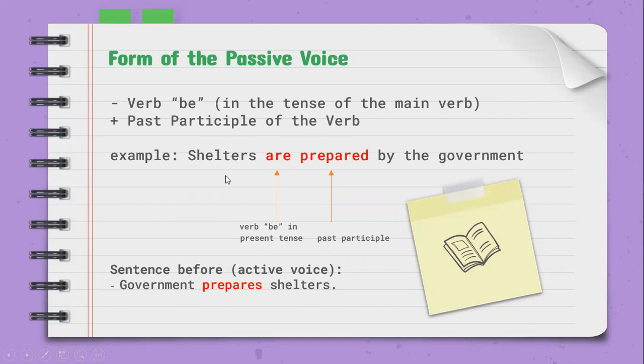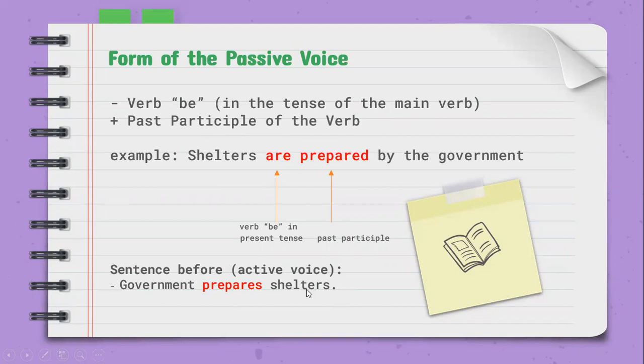For example, the sentence here is written in the passive voice: shelters are prepared by the government, you know? So instead of saying in the active voice, which is here, the government prepares shelters, so the subject is the government, prepares is the verb, and shelters is the direct object.